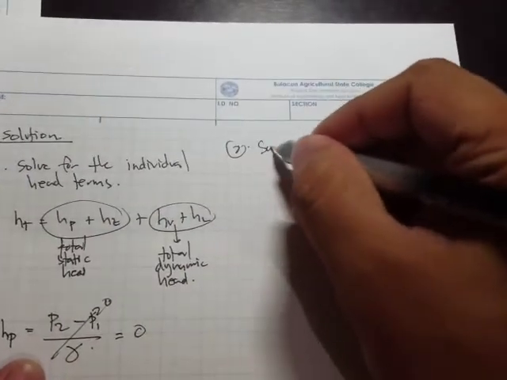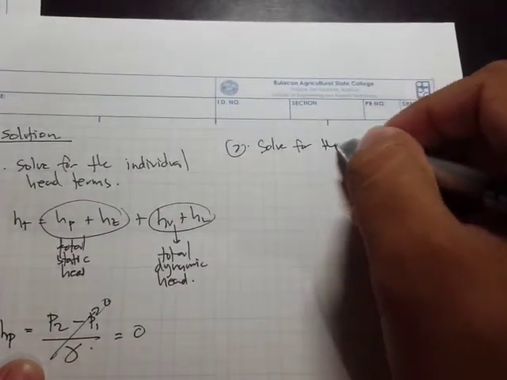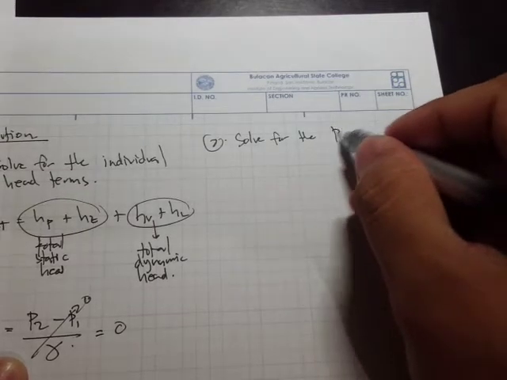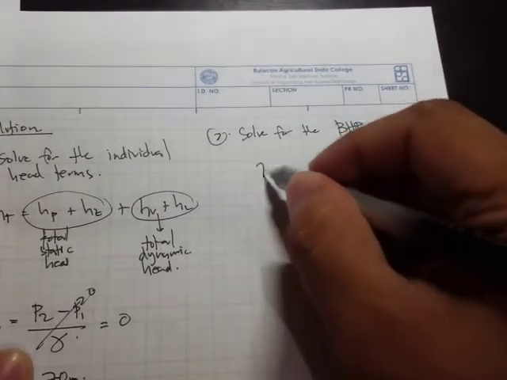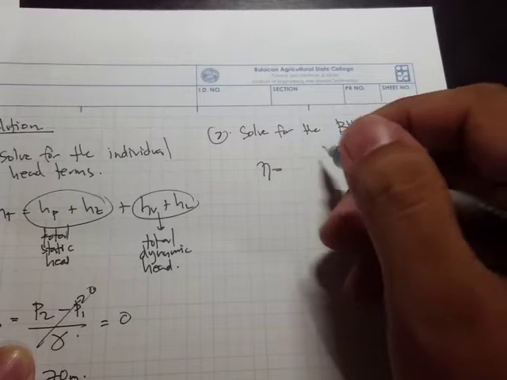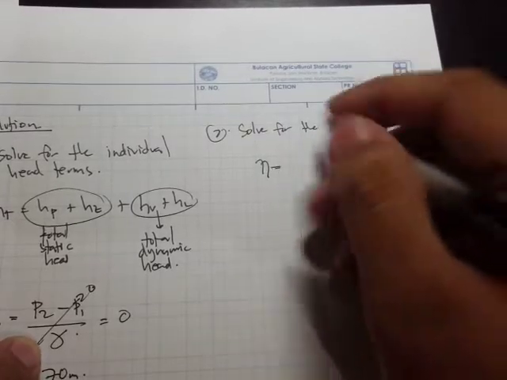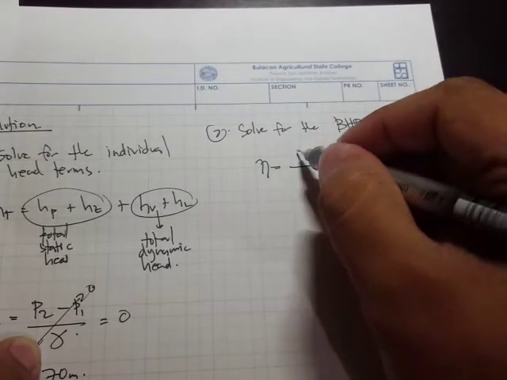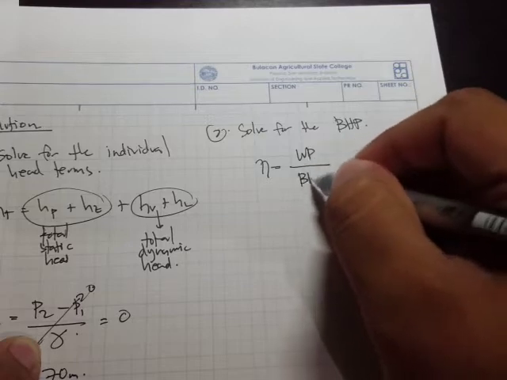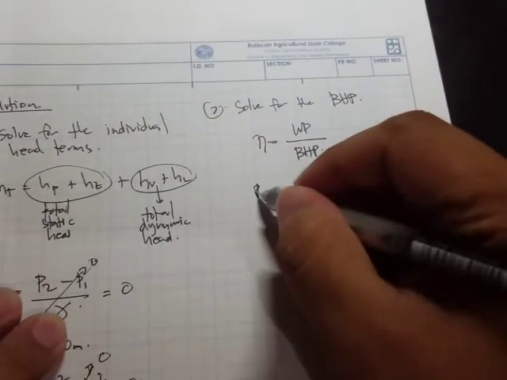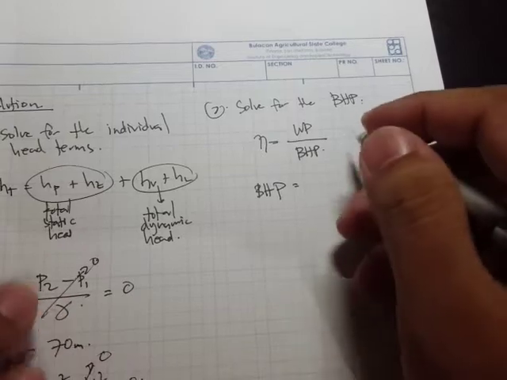Okay, so next, let's solve for the brake horsepower. Right, so recall that the brake horsepower is related to the water power by this efficiency. So water power divided by BHP. Therefore, BHP is equal to water power.